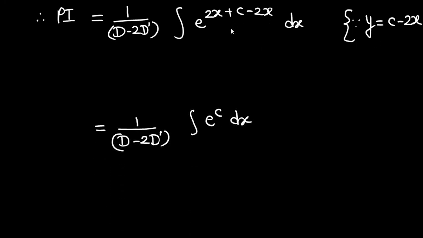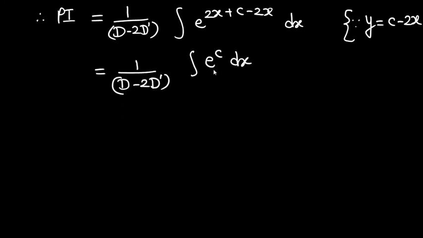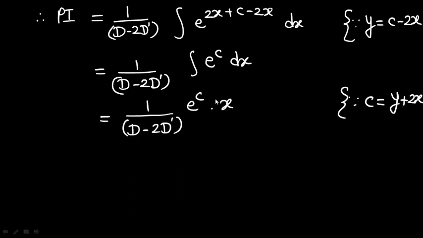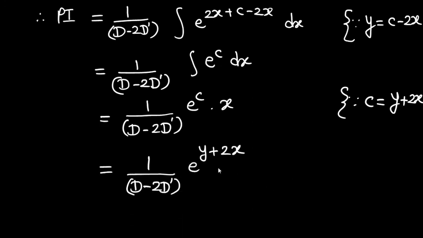Then we get this term. Now here e to the power c is a constant value, therefore it is out of the integration sign, and the integration of dx is x. After this integration we substitute the value of c equal to y plus 2x. Then we get this term. This is one time we apply case number 6.